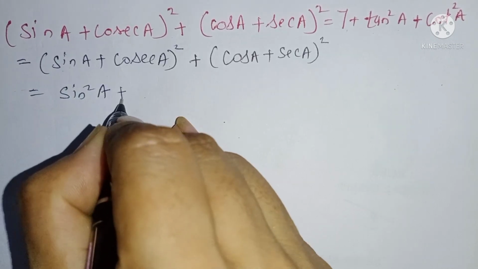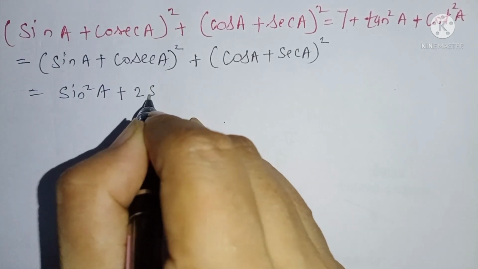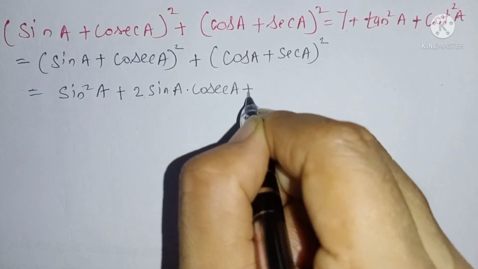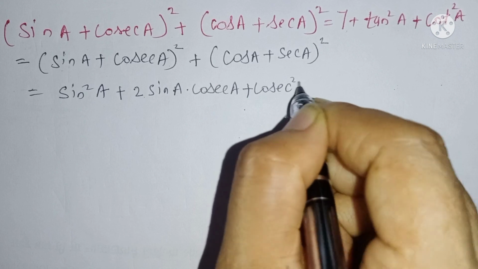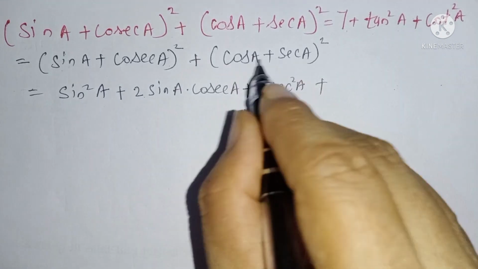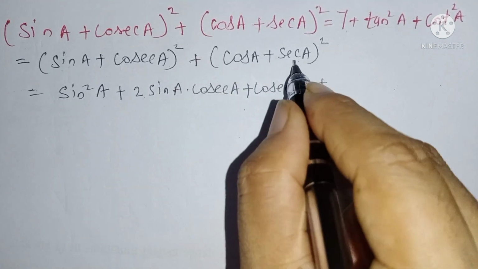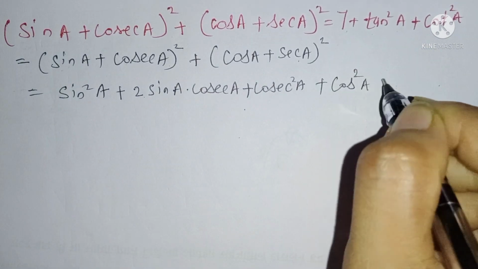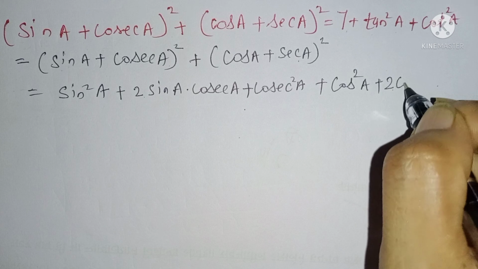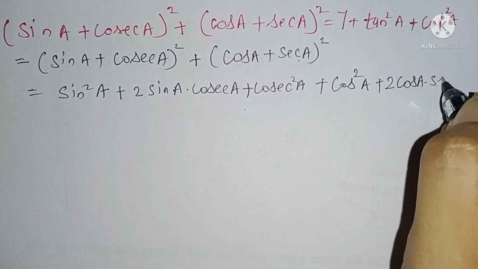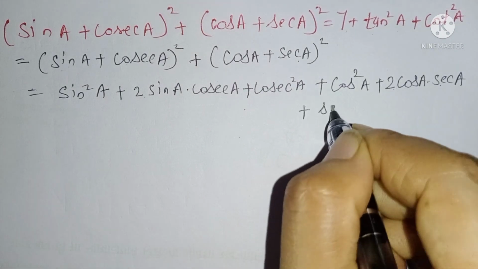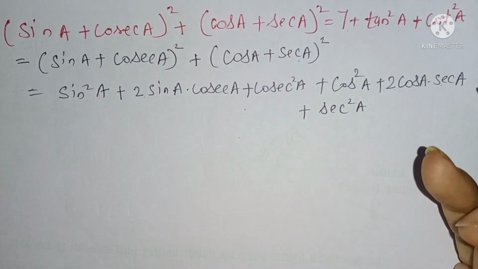So sin² a + 2 sin a cosec a + cosec² a plus, similarly expand this also, (cos a + sec a)², a² that is cos² a plus 2ab, that is 2 cos a sec a plus b², that is sec² a.